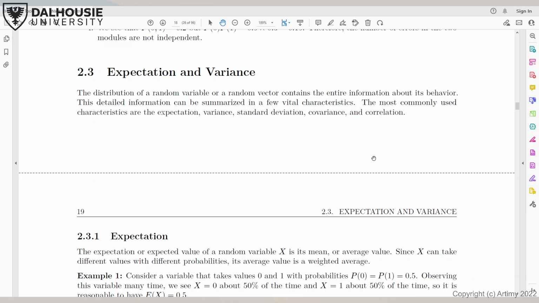So there is a concept of the expectation and the variance. Expectation is the average. If I assume that the results of an exam is a random variable, I don't really know what the results will be.